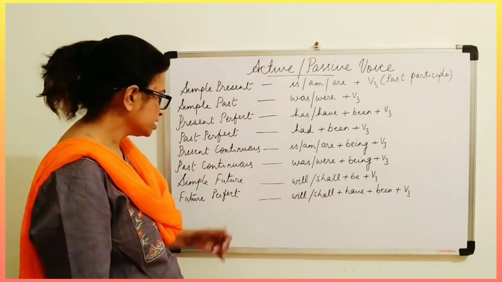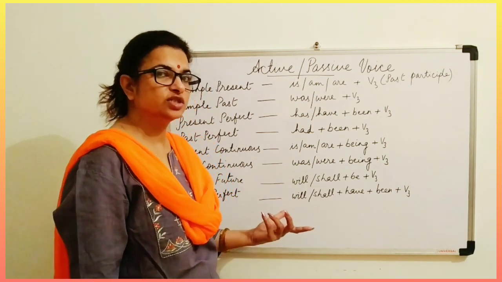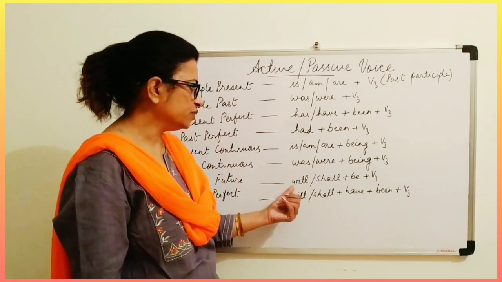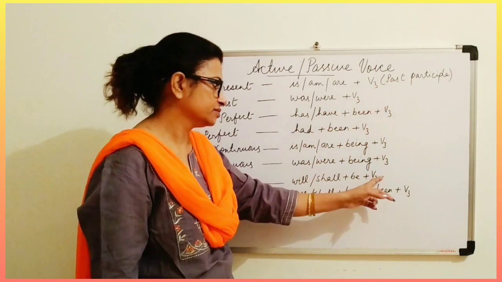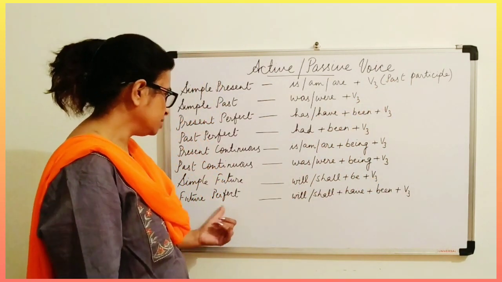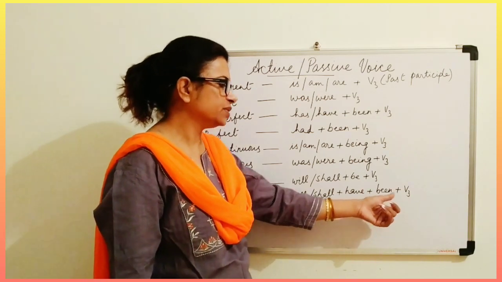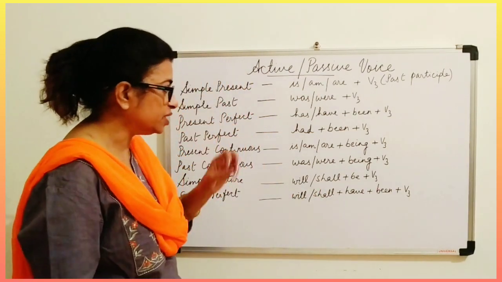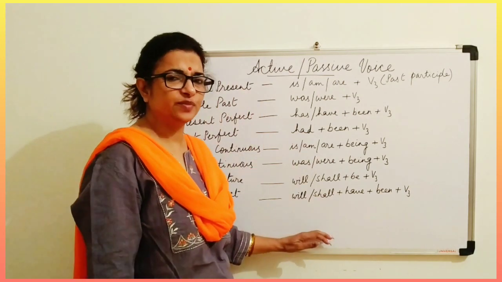Why? Because it is continuous. That is why. Now let us come to this simple future. You know that we use will and shall for future. So will, shall plus be plus V3 again. And for future perfect, will, shall plus have plus been plus V3. Now perfect continuous tense is not used in your active passive voice.